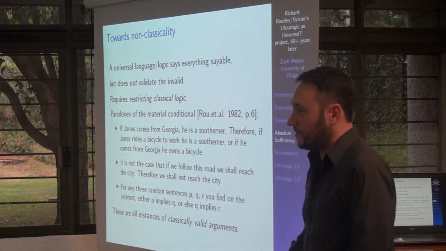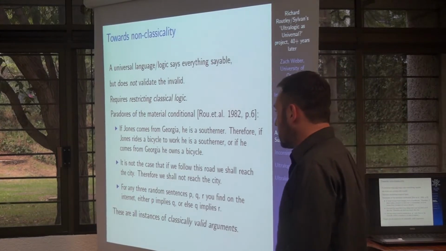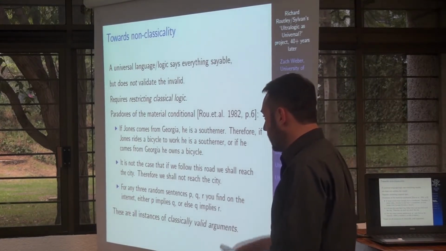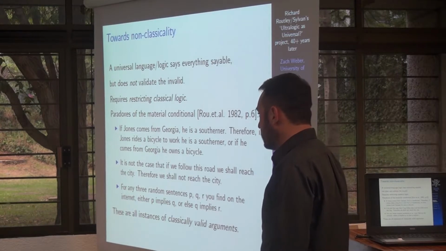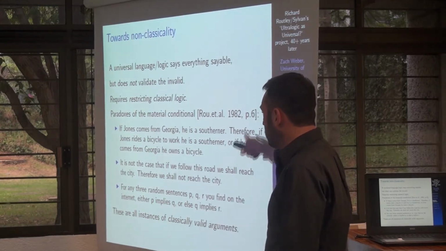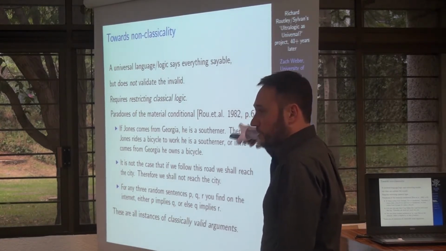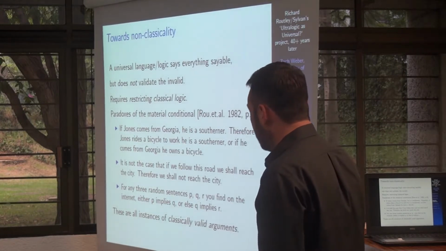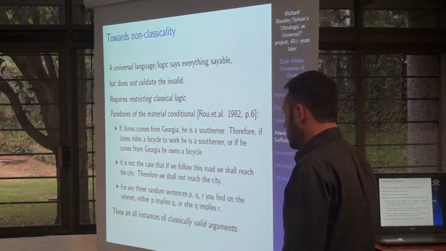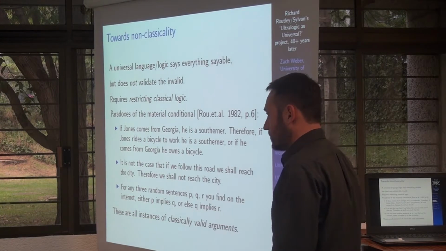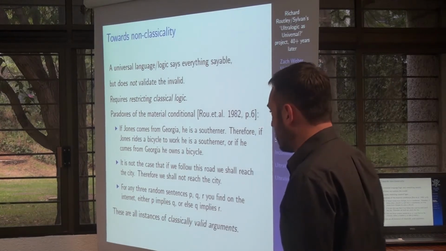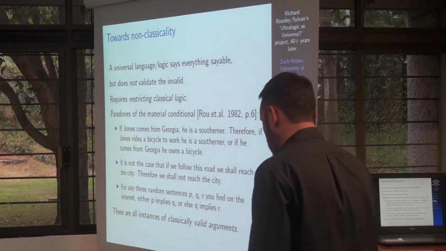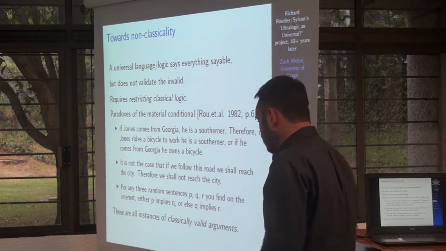In particular, it makes all sorts of nonsensical things come out as valid. So an instance of a valid form of the material conditional might be, and these are all from Relevant Logic and Its Rivals, Volume 1: it's not the case that if we follow this road, we'll reach the city. Therefore, we shall not reach the city. That just comes out, or the logical form of that comes out as valid using a material conditional. So that's bad.